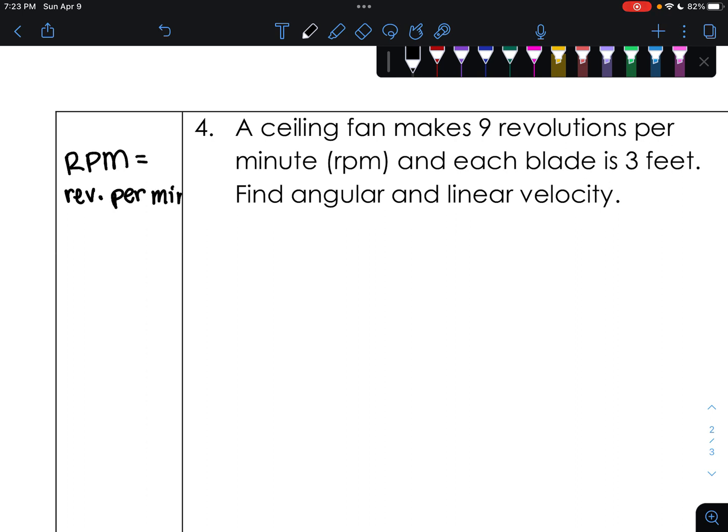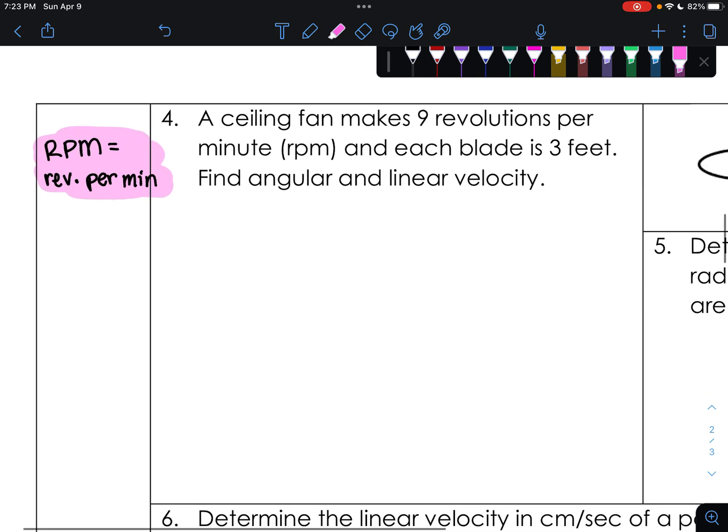That's something that we need to know right there. So we want to find angular velocity and linear velocity. I'm going to start with angular velocity.